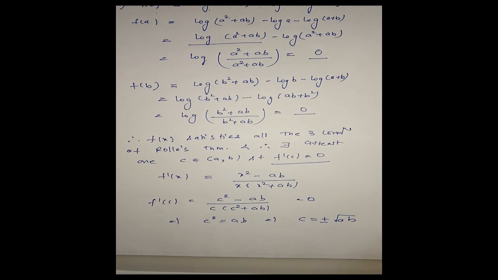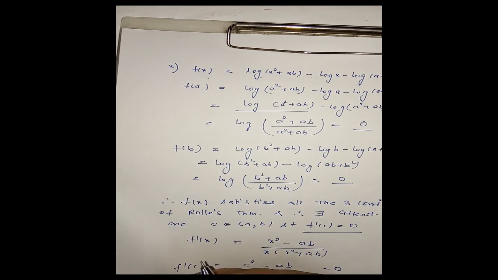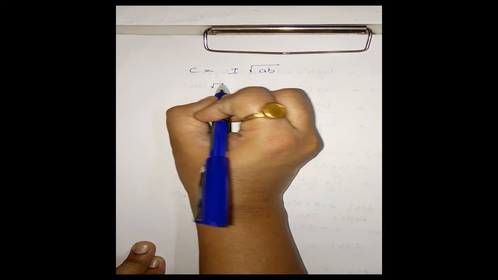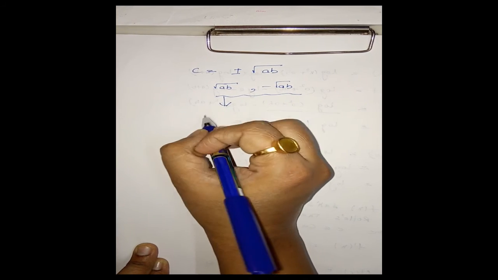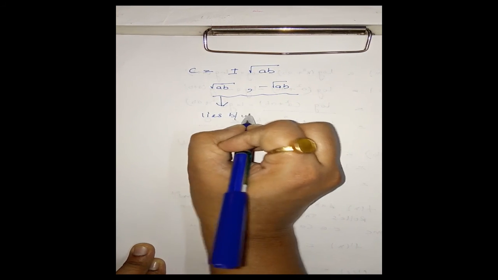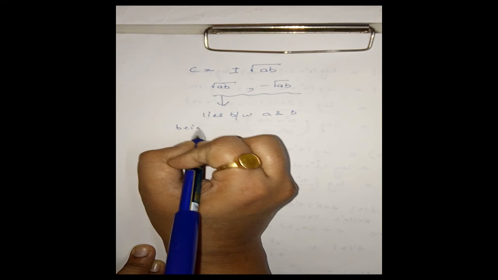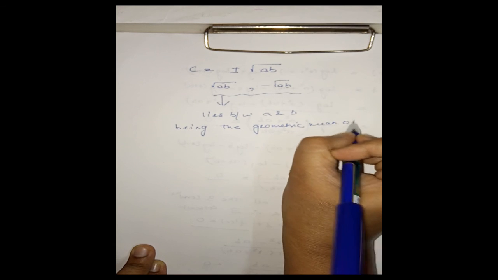Now out of these two values, square root of ab and minus square root of ab, this value, square root of ab, lies between a and b, being the geometric mean of a and b.